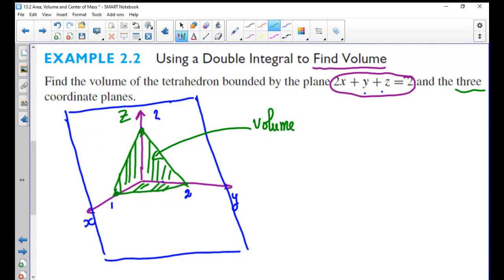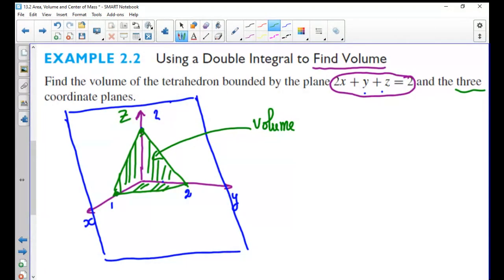So how many sides is that? Four, yes. There are four sides. Imagine you have a plane which comes down like this, from this corner. So this will be a side, this will be a side, the bottom will be a side, and then the plane itself will be another side.